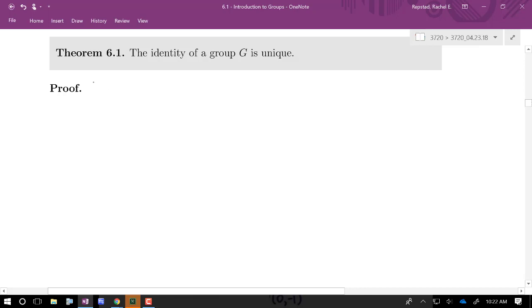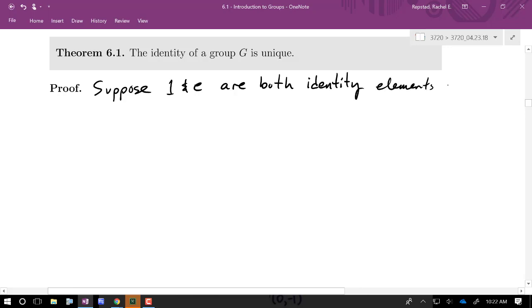So in this proof, let's suppose we have two identities. Let's suppose that 1 and E are both identity elements of G. And what we're going to do is just show that 1 and E are the same element.